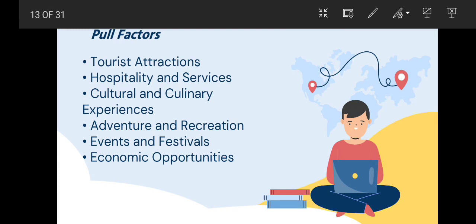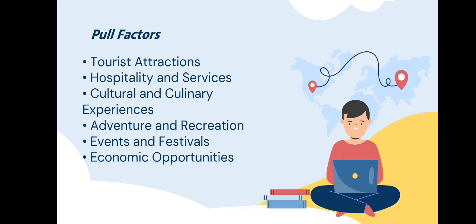The next pull factor is adventure and recreation. Adventure and recreation refers to the draw of thrilling activities, outdoor adventures, and recreational opportunities that entice tourists seeking excitement, adrenaline rushes, and immersive outdoor experiences. These factors attract travelers who are keen on adventure, sports, exploration, and engaging with nature.